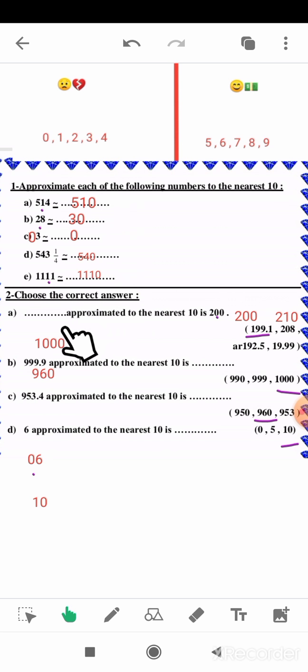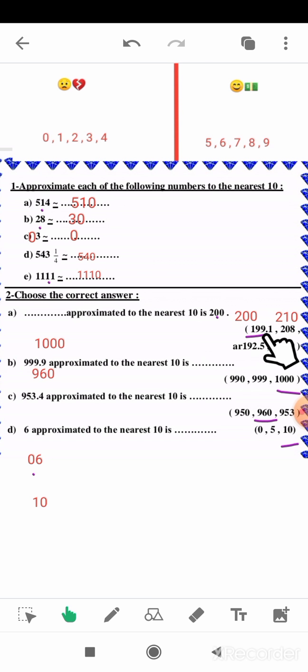We have here: choose the correct answer, approximated to the nearest 10 to 200. This question means: which of these numbers, if we approximate it to the nearest 10, will give 200?